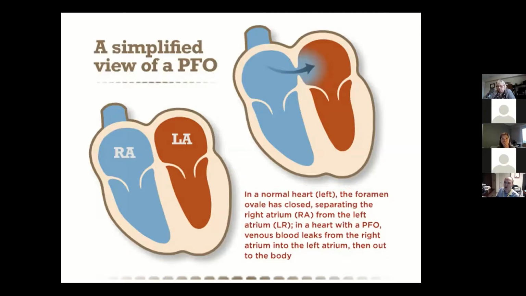So PFO closure is something that we will consider in select cases, and it's usually in younger people with no vascular risk factors. Younger meaning they've got a greater lifetime risk of a stroke. Certainly you wouldn't do PFO closure in an older person with vascular risk factors because, A, for it to be a benefit, they've got to live another 30, 40 years.